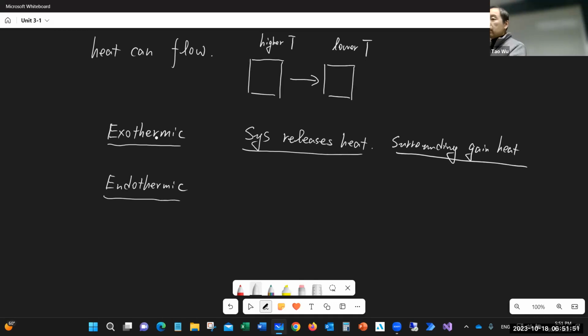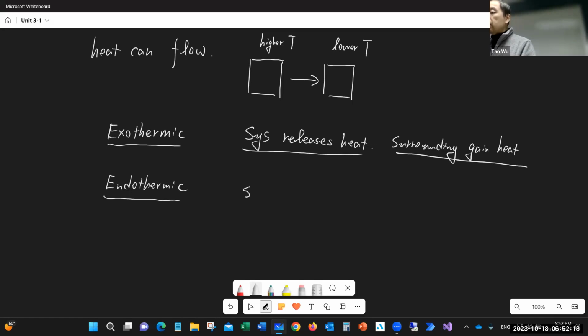If the system releases the heat, then the surrounding must gain that heat because heat cannot be destroyed or generated. Something releases the heat, something must gain that. Otherwise, the heat is not calculated correctly. So the system releases the heat, the surrounding must gain the heat. That is called exothermic.